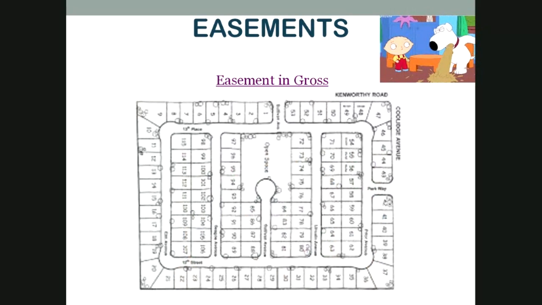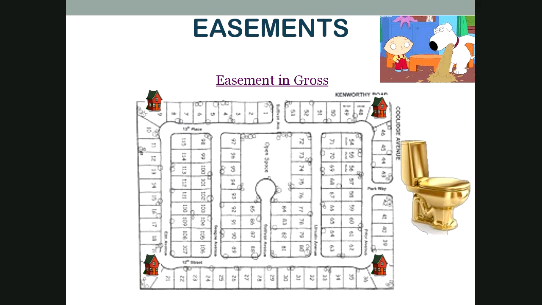So how does an easement in gross work? Imagine we have this subdivision, and this subdivision is full of houses. And these houses are full of people who like to use and enjoy their homes. They like to flush the toilet, right? They love indoor plumbing. It's so wonderful.